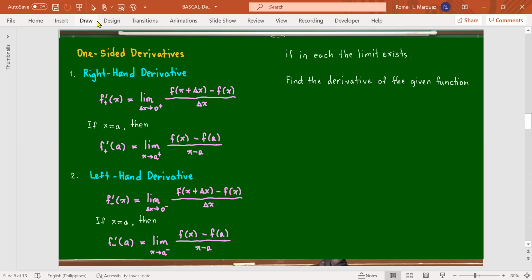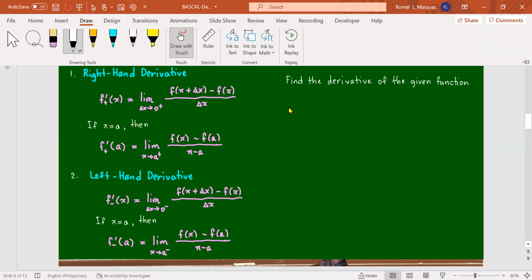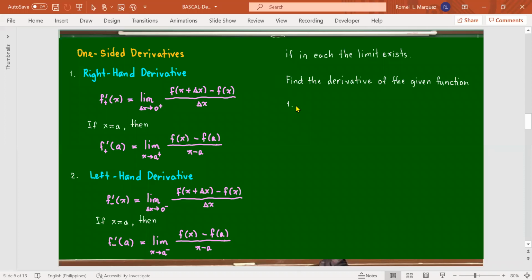Pwede nyong gamitin for step rule. Pwede rin yung direct limit definition. Okay? Let's say you're given this. Doon muna tayo sa limit definition. Bahala na lang kayo to choose which one is easier for you to follow.